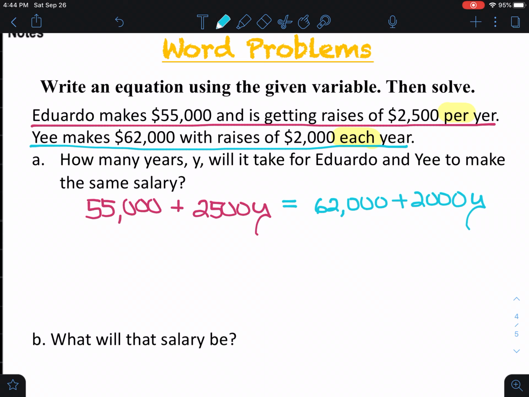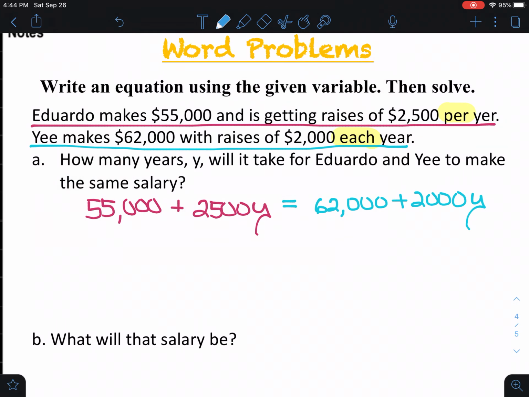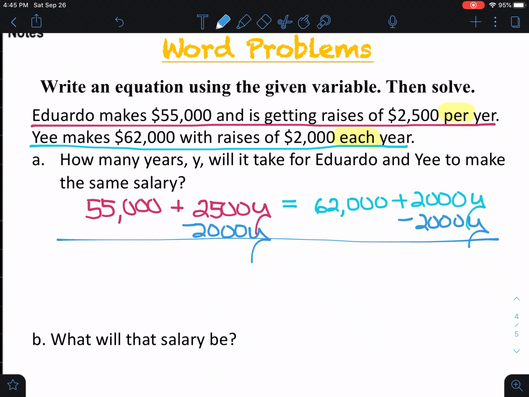Okay, now we're going to solve. And I always like to get rid of the one that's smaller. So I'm going to get rid of the 2,000 Y from both sides. So this is 55,000 plus 500 Y equals 62,000. Those cancel. All right, and then now I need to get rid of this 55,000.